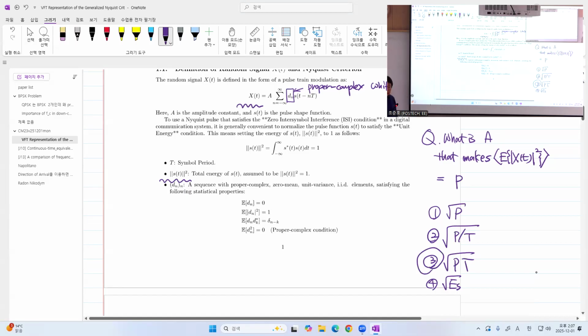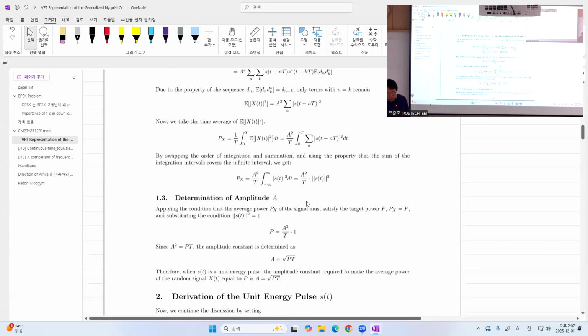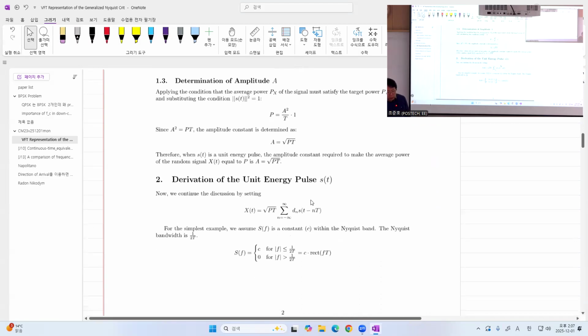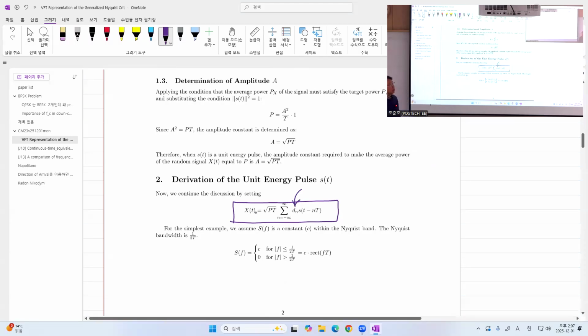Actually, I'm going to write it like E sub s, symbol energy, but the problem is that E sub s may mean energy of s of t, so I'm not going to use it. Got it? So here, the claim is that this is a good signal model when we have unit power D sequence and unit energy S of t. Got it?